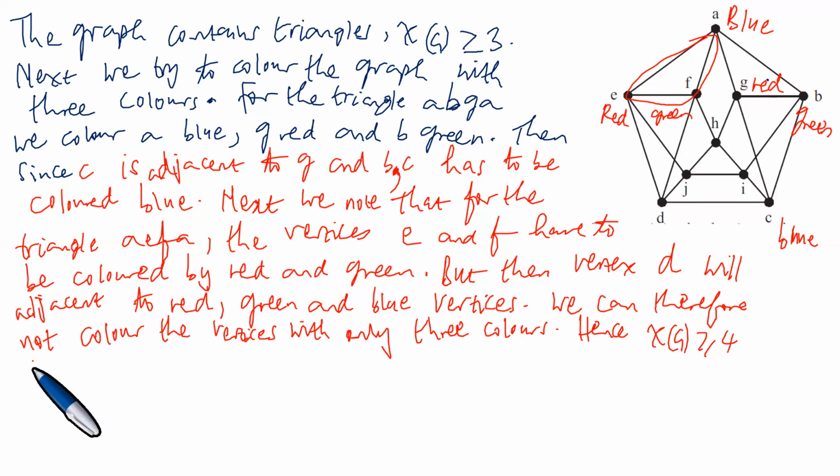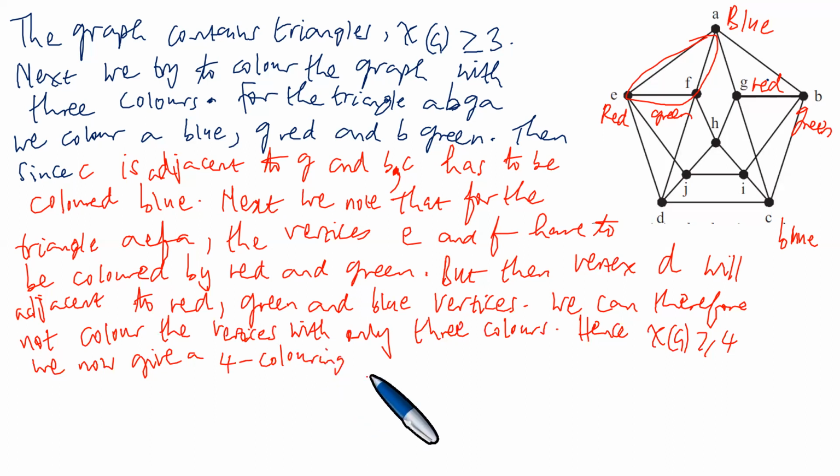We now give a 4-coloring of the vertices of the graph.